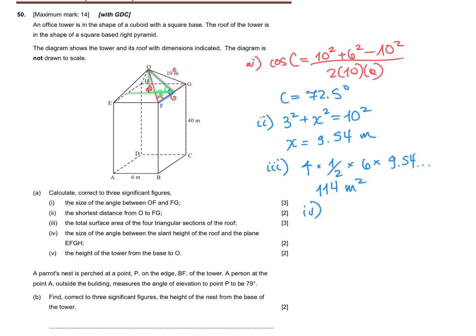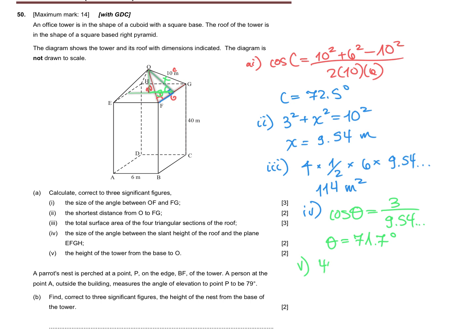We've got this slant height, which is the 9.54, and we want that angle, so cosine of that angle is the adjacent 3 over the hypotenuse, the unrounded 9.54. So that ends up being 71.7 degrees.